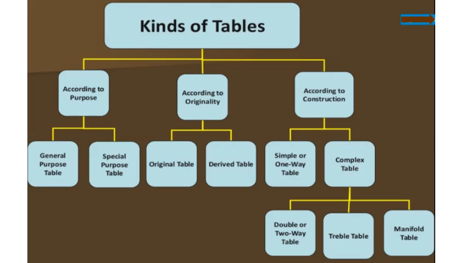So these are the kinds of table. And one more thing you have to remember here, that when we are going to present data in tabular form, we can present, say, qualitative features like boys, girls, male, female. This is quality, and we can present data in qualitative form as well.